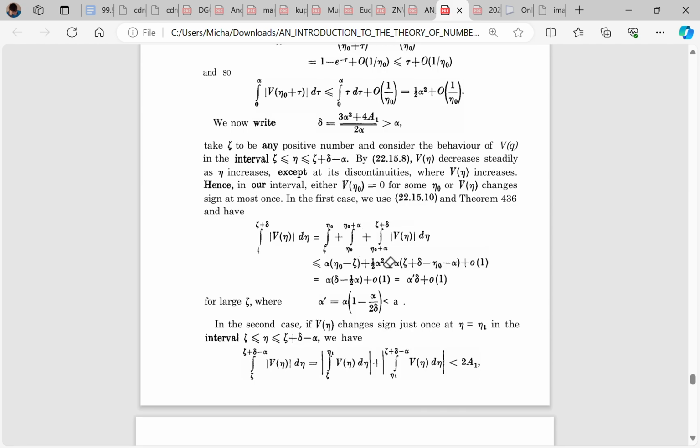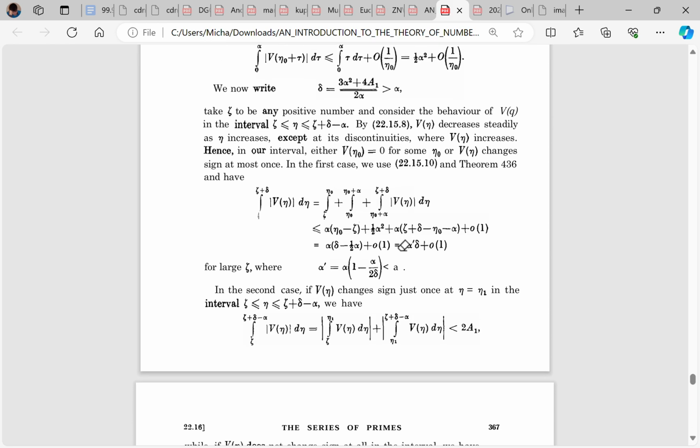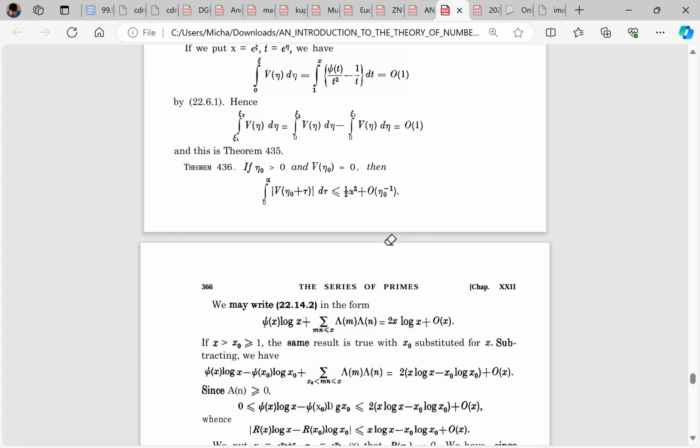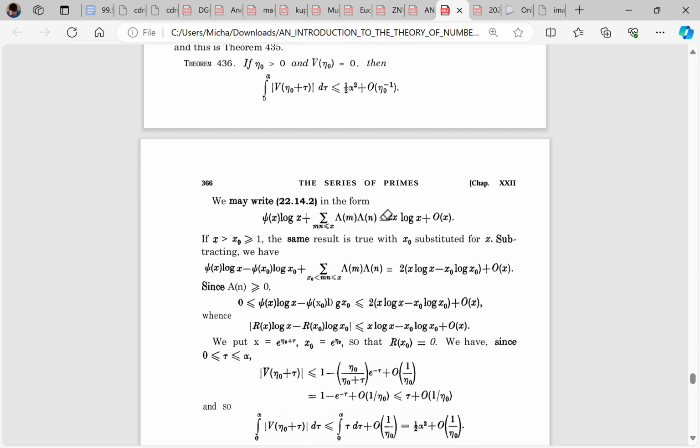And then here we have the rest, so eta naught plus alpha to zeta plus delta. So this thing here is a v of eta, but if you change the variable to v of eta plus eta naught, then it would start at 0 and go to alpha. So that's where the half alpha squared plus big O of eta naught inverse is.